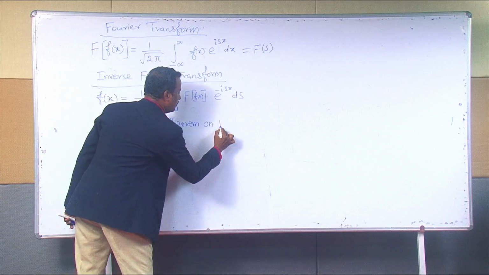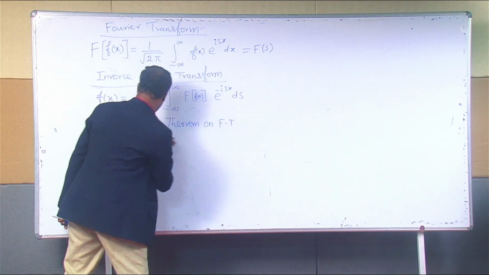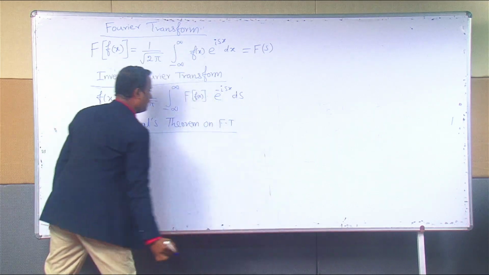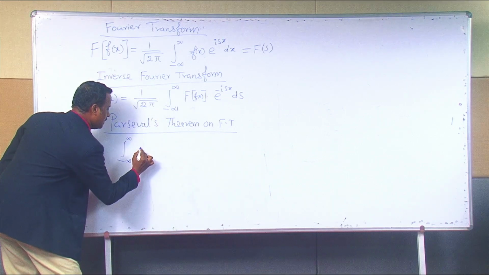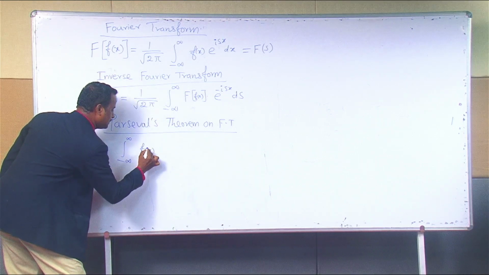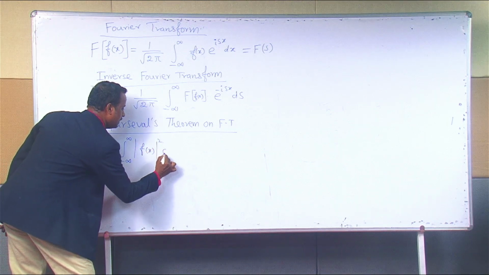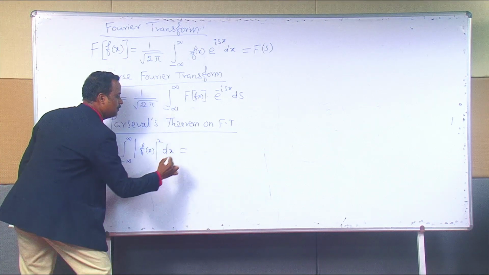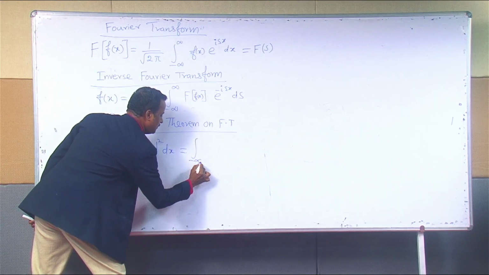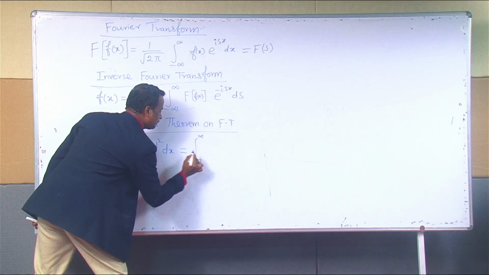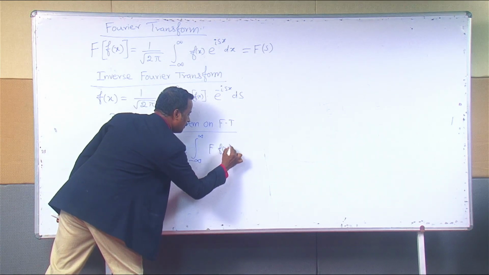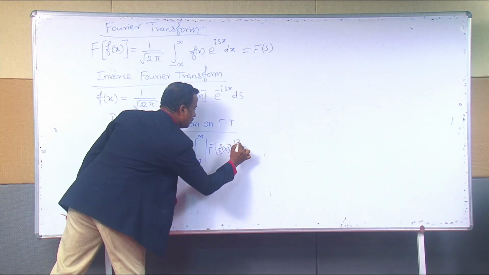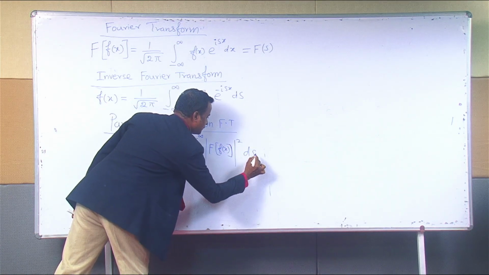Parseval's theorem on Fourier transform is the formula: integral minus infinity to plus infinity modulus of f of x the whole square dx equals integral minus infinity to plus infinity modulus of F of s, the Fourier transform of f of x, the whole square ds.